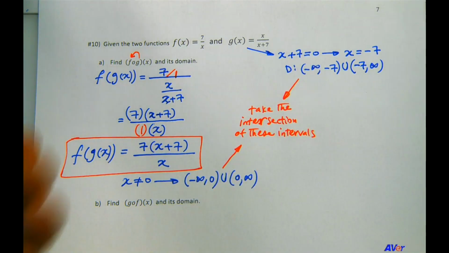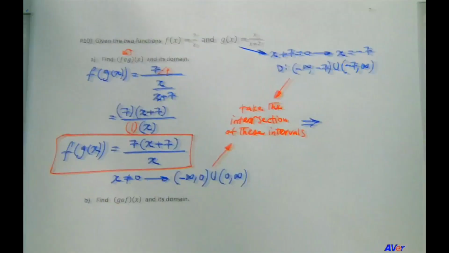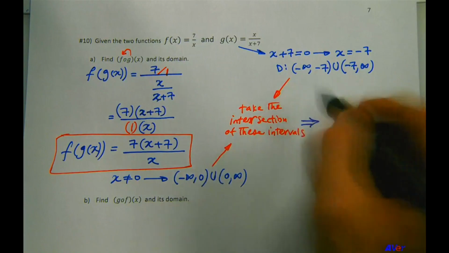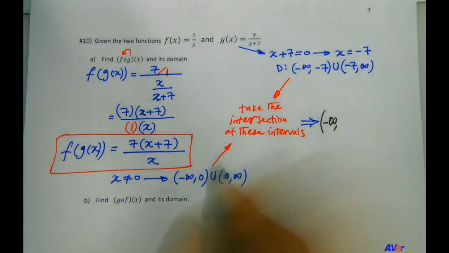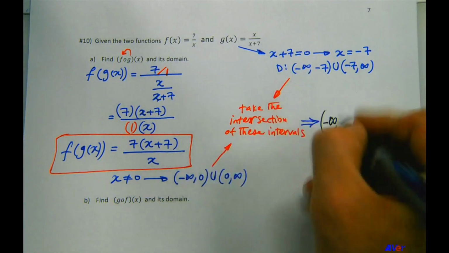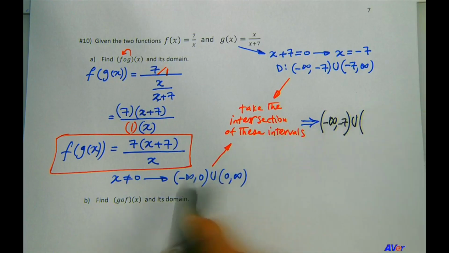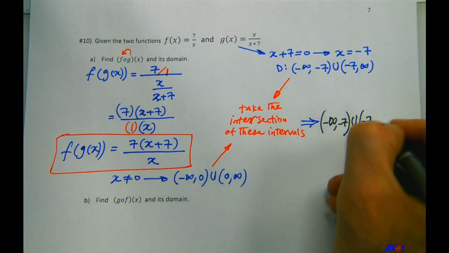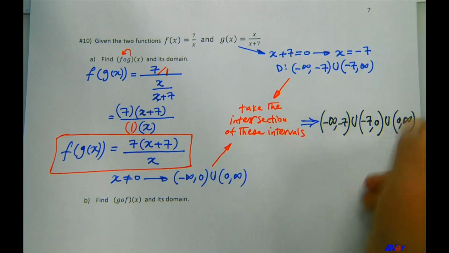And what do we end up with? I'll try to fit that there. So we end up with -infinity to -7 union -7 to 0 union 0 to infinity.